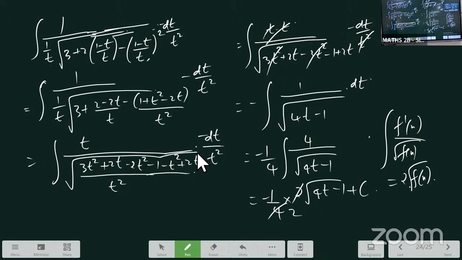Then what I am going to get is minus integration of 1 by under root of 4t minus 1, multiply and divide with 4, this part, so that the derivative of the expression inside the root is present in the numerator, that is f dash of x by root f of x, which is 2 root of f of x. Is it clear? Right. Let us do one more problem based on the same approach.